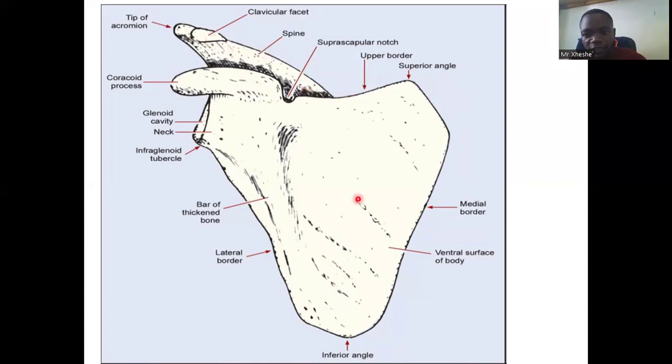Next is the medial border, a border that is closer to or facing the spine. This is the medial border. Then on this side, we have the lateral border. You see this line? Lateral border.